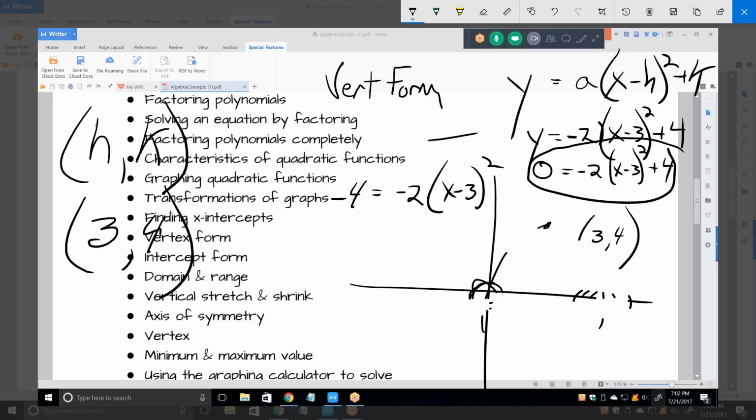Distribute. Actually not. I've told you that getting rid of parentheses and fractions is usually the first couple things you want to do. But if you're looking for something that has an x that's being squared, there's an easier step.